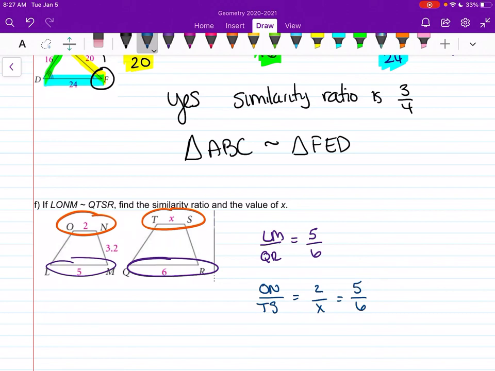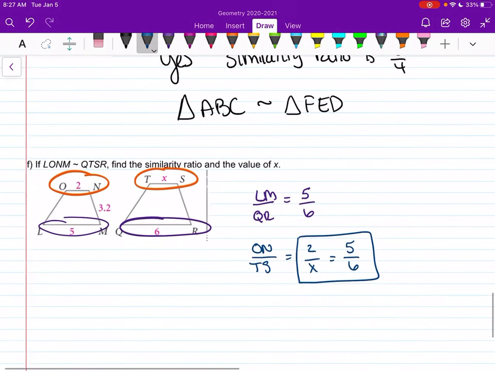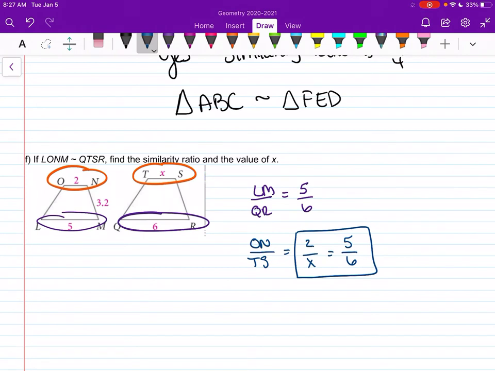So then my proportion would be to solve this right here. So I'm going to cross multiply on both sides. So 2 times 6 is 12 equals 5X. Divide by 5. Divide by 5, I get X equals 12/5. Okay, so go ahead and try the homework.